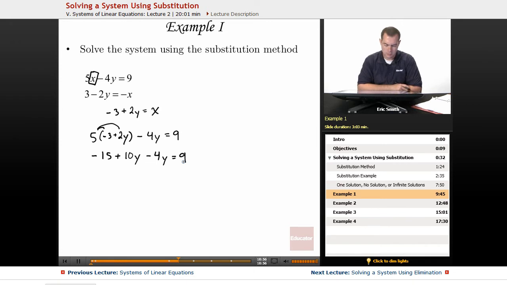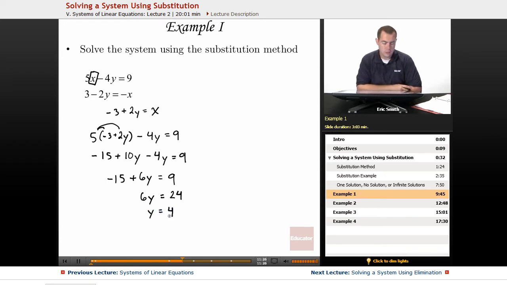I have some like terms I can put together. 10y and -4y would be 6y equals 9. Adding 15 to both sides, 24. Now dividing both sides by 6, I get that y is equal to 4.